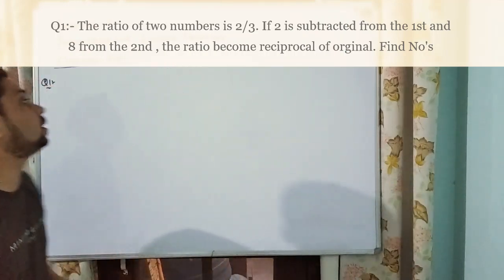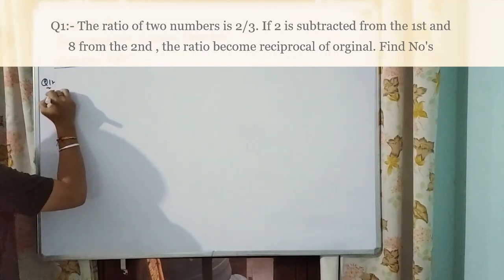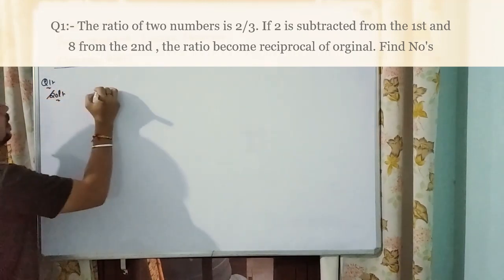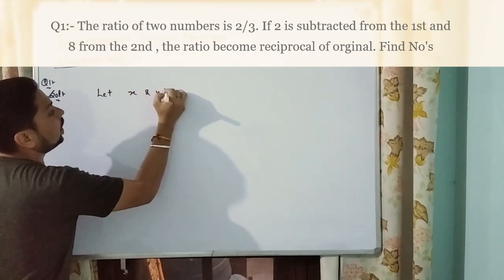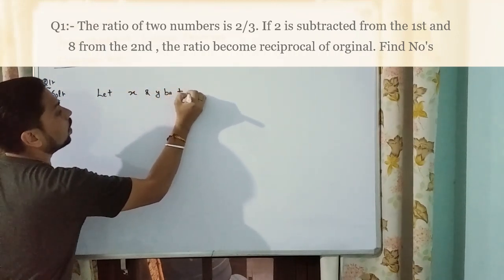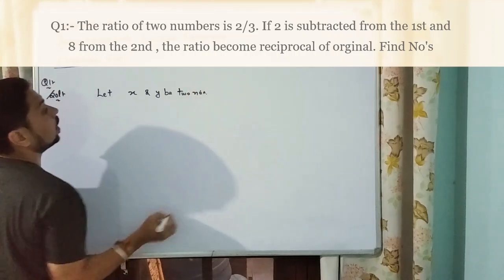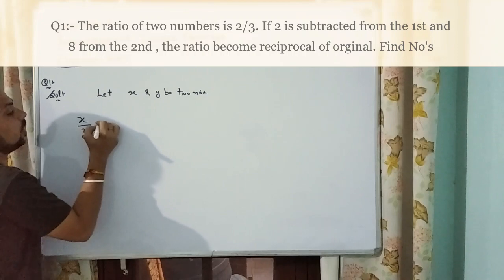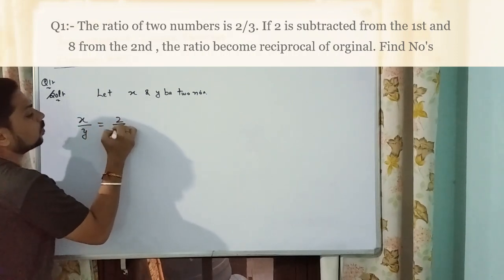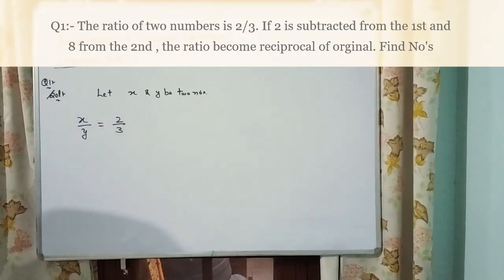So first we will suppose, for question number 1, let x and y be two numbers. Ratio of two numbers, that is x over y, is equal to 2/3. This is given in the question.